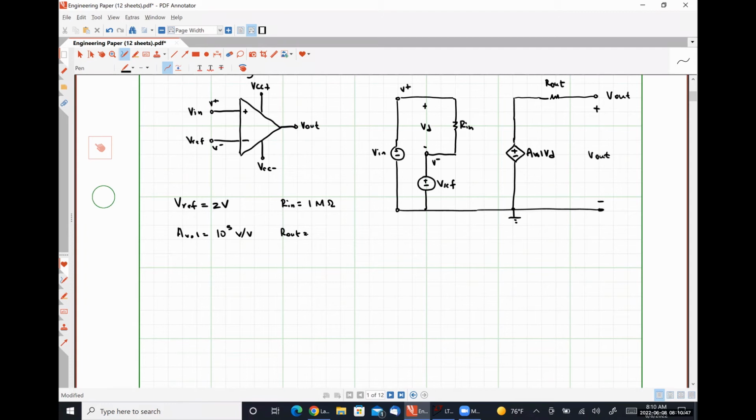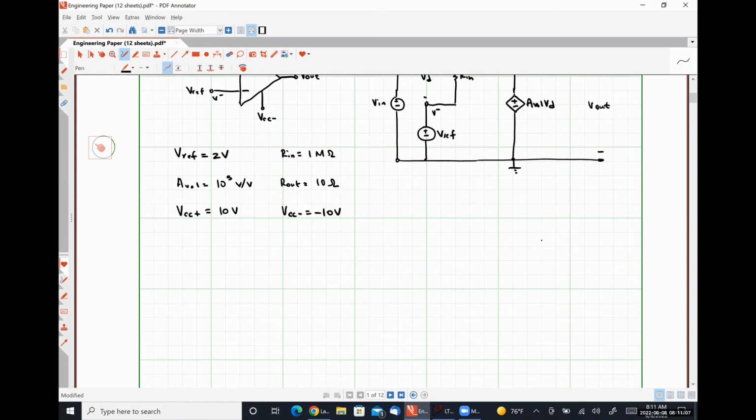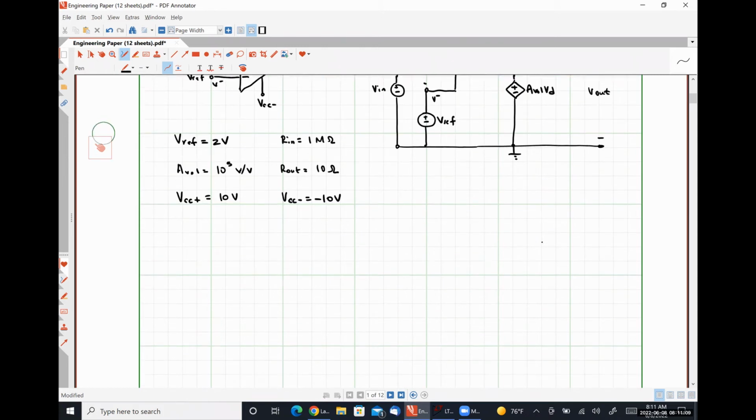Our output resistance R out is 10 ohms. And our supply voltage VCC plus is positive 10 volts. And our supply voltage VCC minus is negative 10 volts. Okay, so we're going to have a plot.